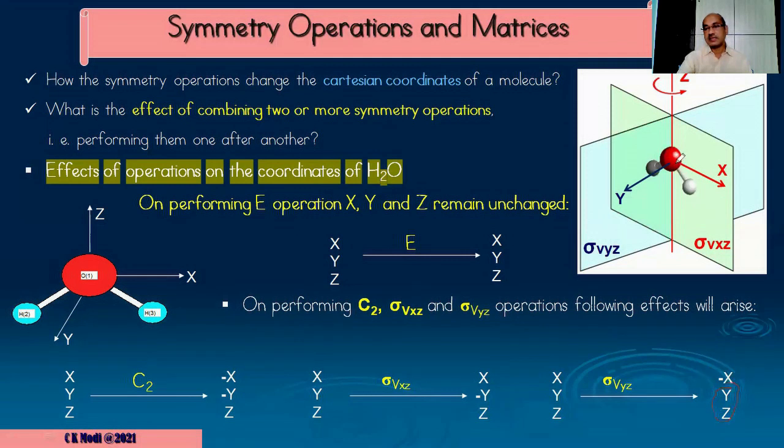However, x, which is perpendicular to that plane, where will its mirror image be found? On the back side. So x becomes minus x. After putting the sigma v yz plane on the molecule, only x is changed, while y and z remain as they are.